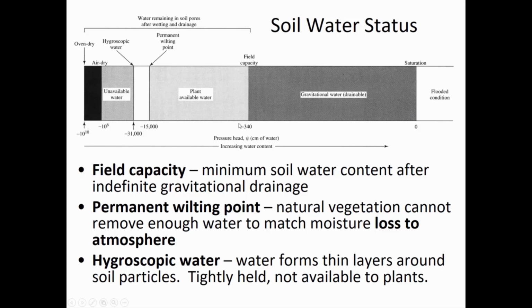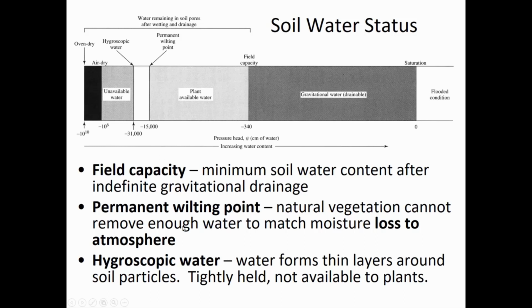A certain amount of pressure head will take you down to the field capacity, which is, remember, it's just draining by gravitation. The wilting point is where plants are no longer able to get water out of the soil. And so after a storm event and after it's totally drained, this range is how much water is available in the soil for plants to use.